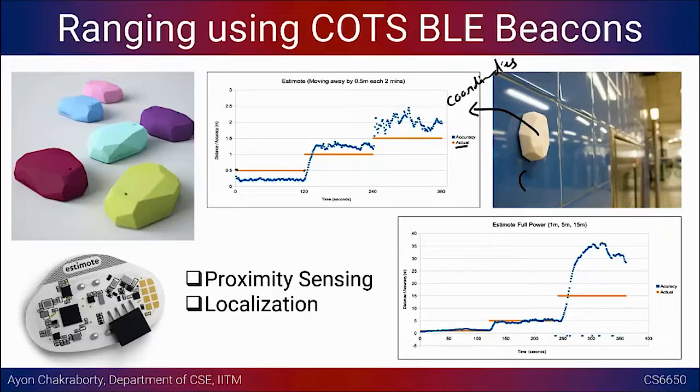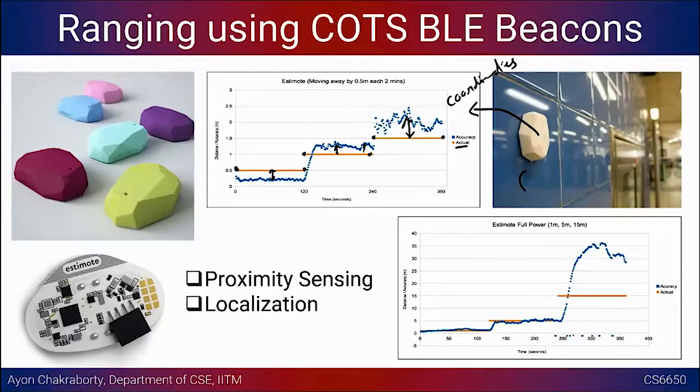For the first 2 minutes, 0 to 120 seconds, it was kept at 0.5 meters, then at 1 meter, and then at 1.5 meters. Initially there was some error, and the error started growing, and whenever you were more than 1.5 meters, the error was quite large.